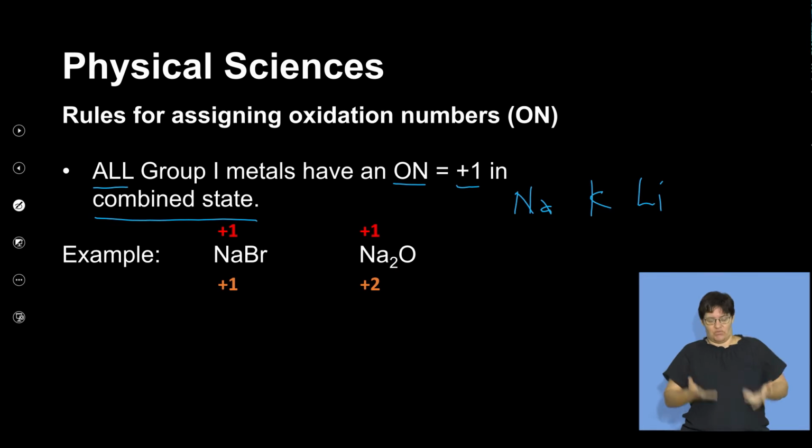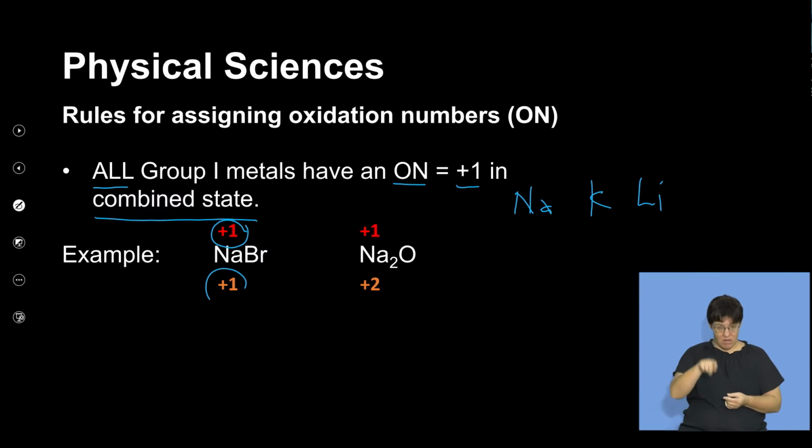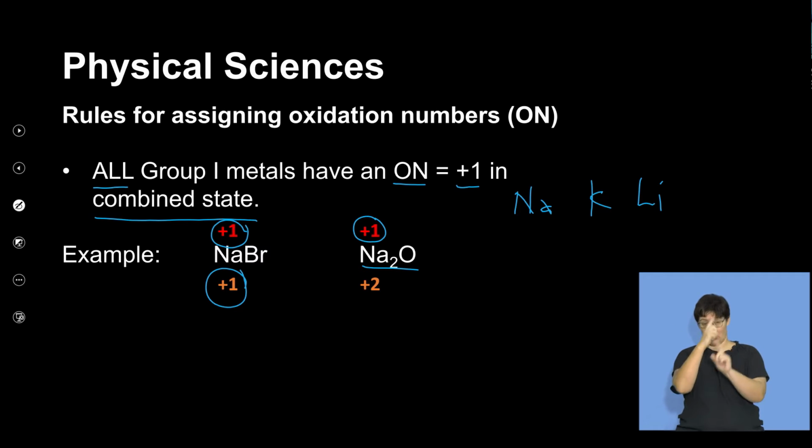We can take, in this case, sodium. Sodium has a unit oxidation number of +1, the one written in red. And the total oxidation number for this sodium atom is also +1. In another combined state of sodium, the unit is +1 and the total is +2.